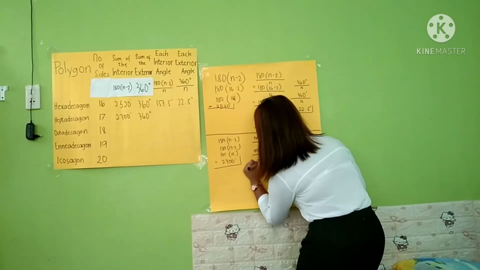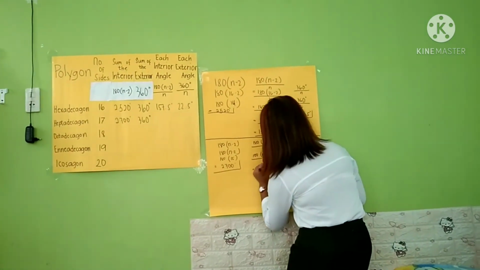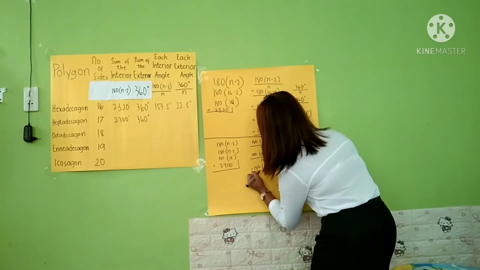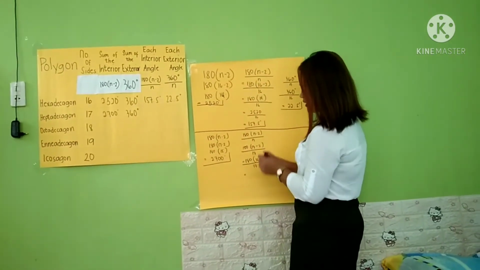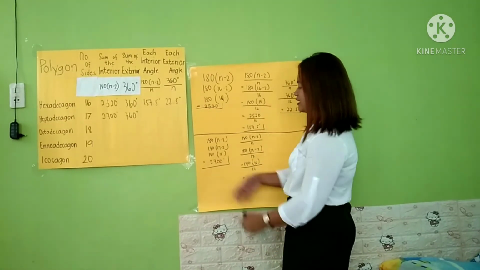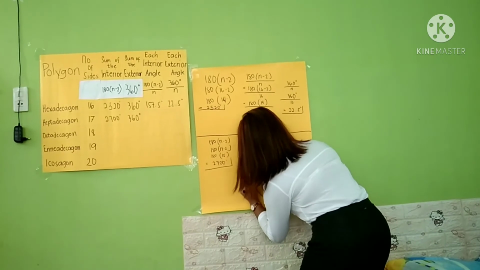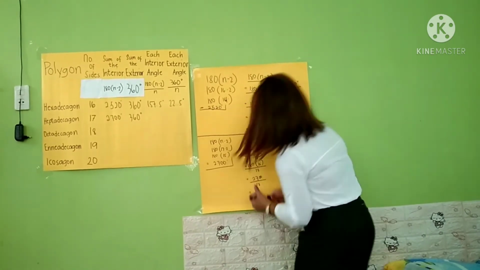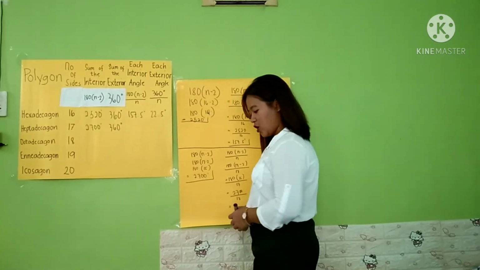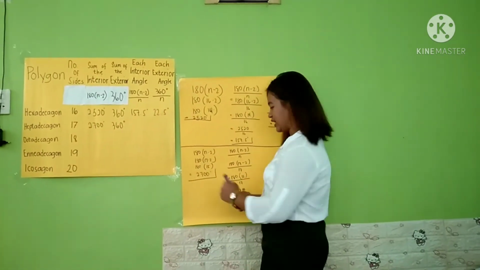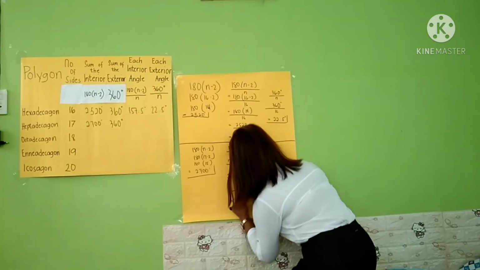Bring down 180. 17 minus 2 is 15 over 17. 180 times 15 is 2,700 divided by 17, which is 158.82.